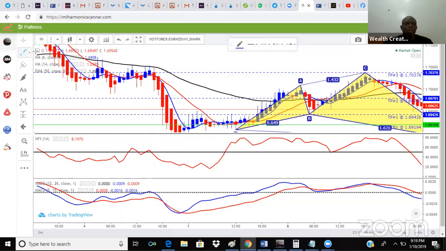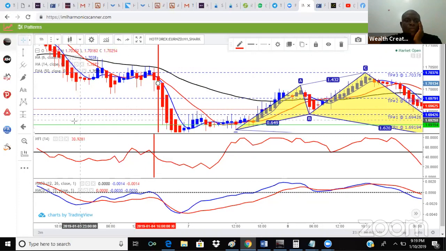My blue is below my red, and they are both below the black line. Rule 1. Rule 2, the money flow must also be below. Look at the money, the trend is below. Now the MACD has also crossed.